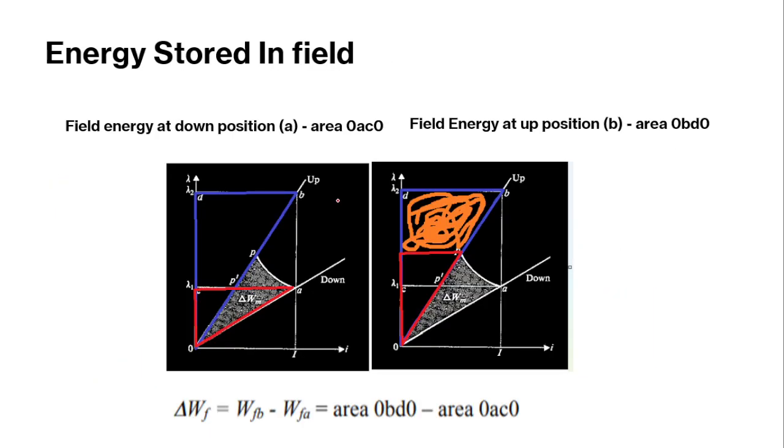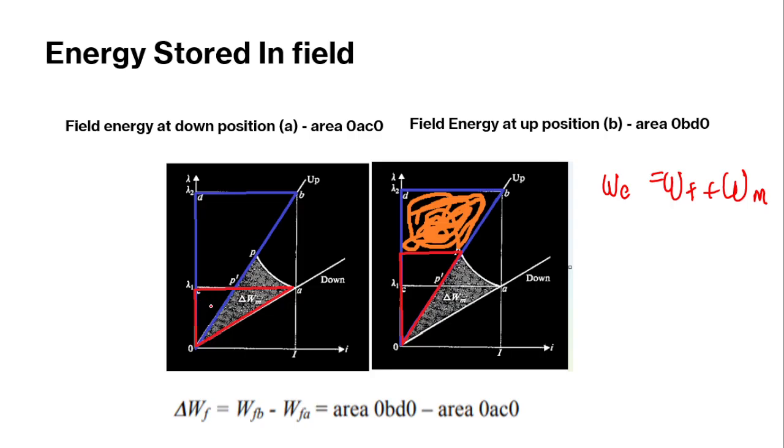Cool. So some graphs. Remember the equation We is Wf plus Wm. So that's how we generate it, right? The first piece is this red piece here. That is the field energy at the down position, which means the armature is at the down position, where it's starting from.